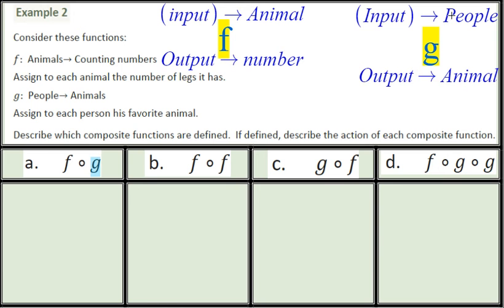So my input is people. So in function g, I would put in a person, and that person would give me an animal. So the output of g is an animal.